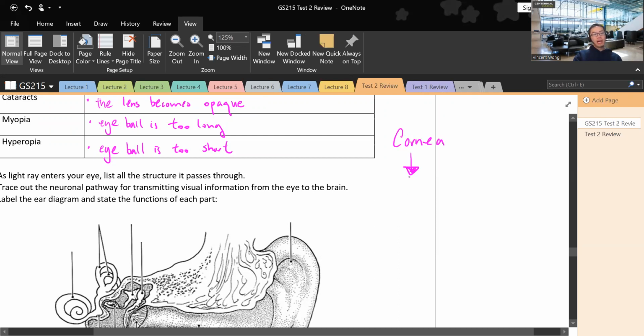Okay. After the cornea, it will be the aqueous humor. Then it will be the lens. Okay. After the lens, it will be the vitreous humor.